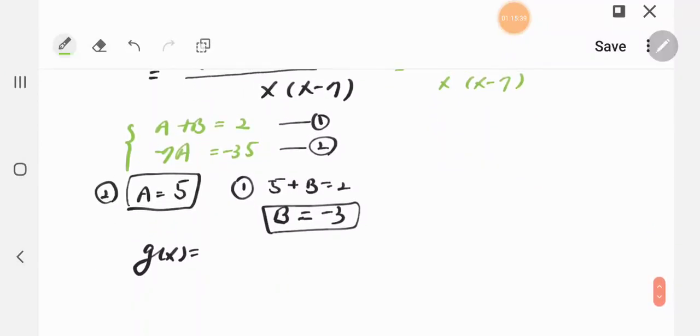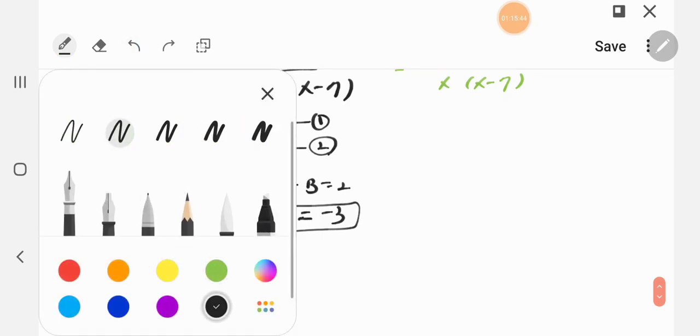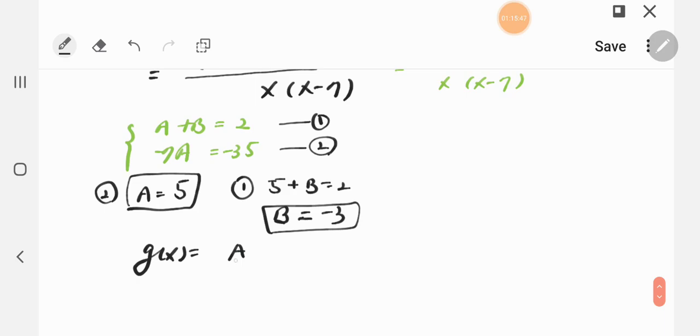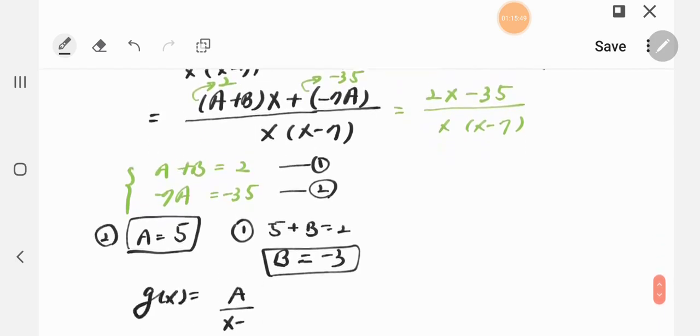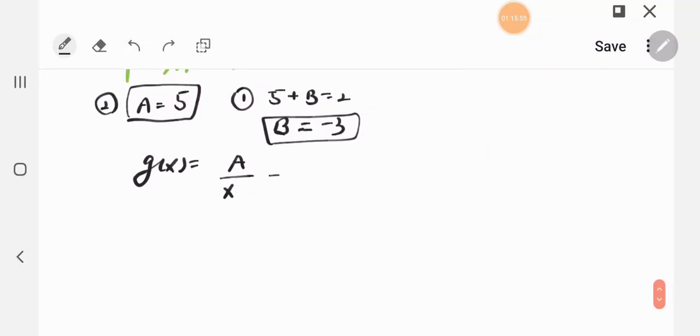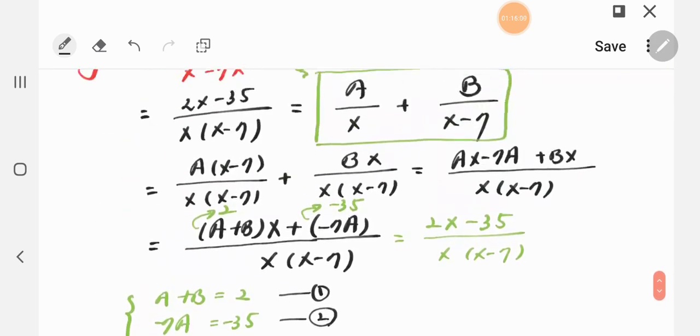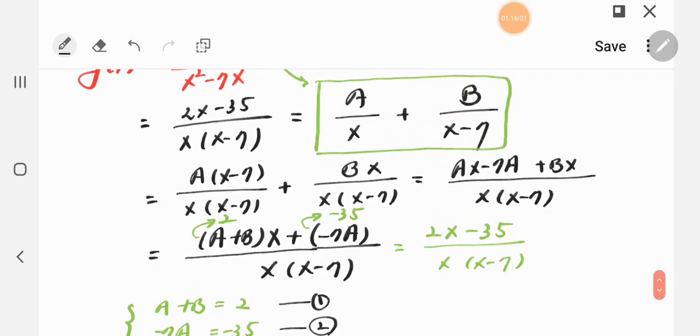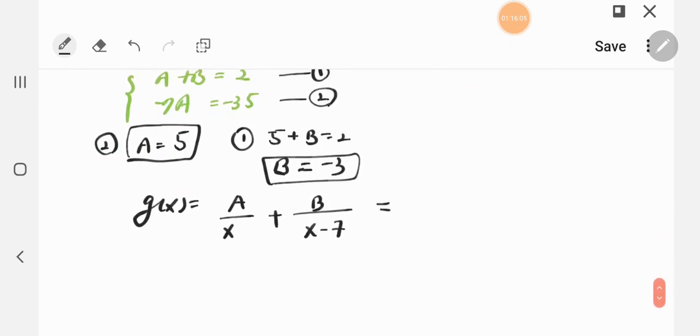So g of x is a over x, just x, right? Plus b over x minus 7. Okay, a over x plus b over x minus 7. And then a is 5, so 5 over x, plus b is negative 3, so negative 3 over x minus 7. So that is g of x.